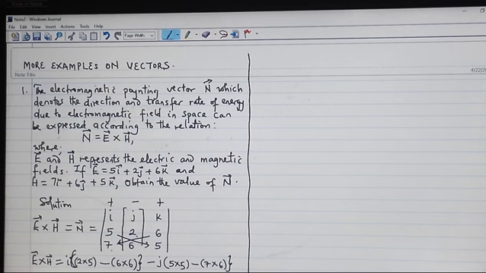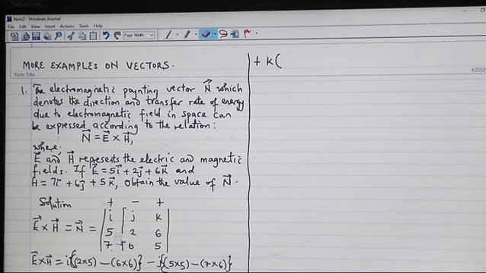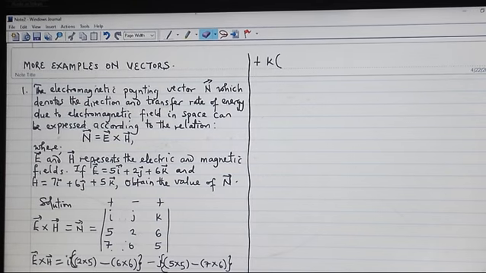That is for j. Then plus k into, because this is positive, we open this column and move on to k.